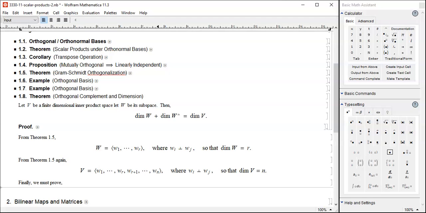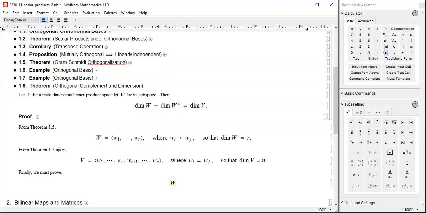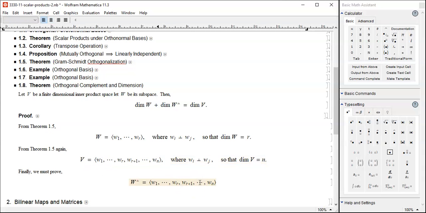We must prove this: W perp is actually this. And that'll complete the problem.